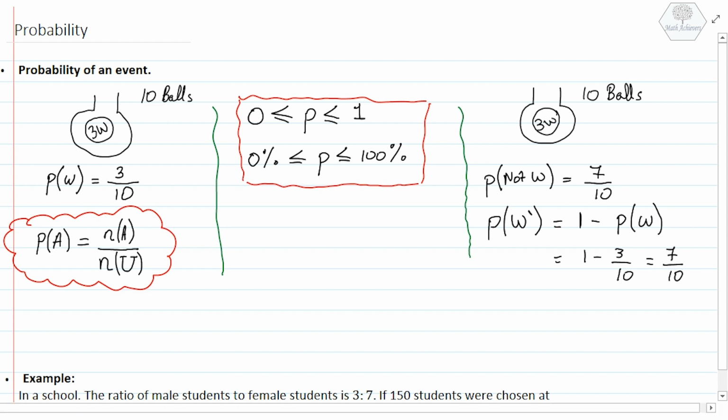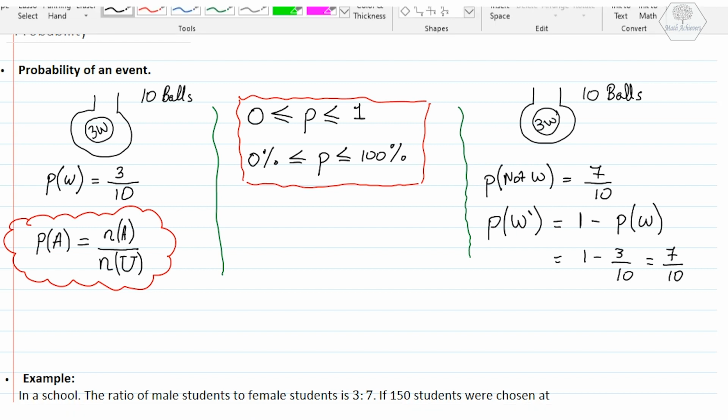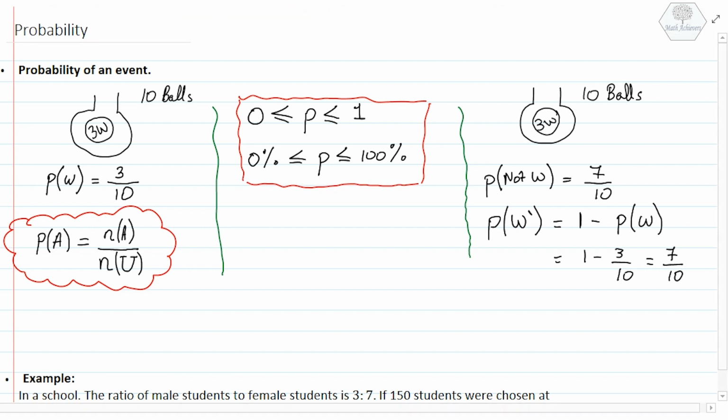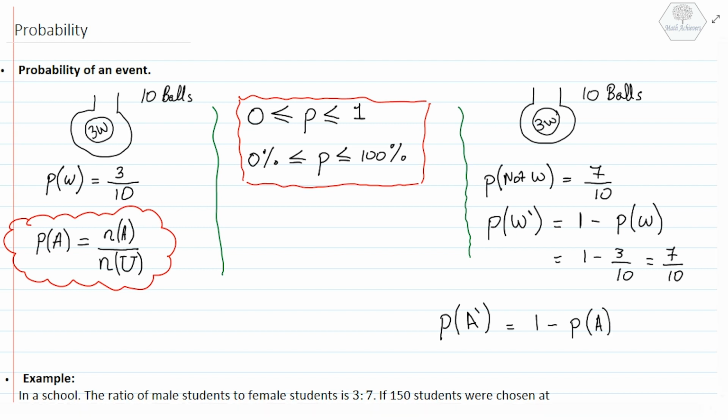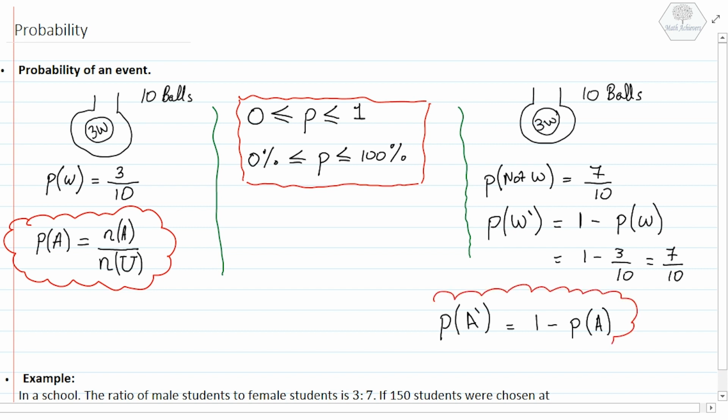So I can conclude another formula: the probability of A prime, the complementary event, is simply equal to 1 minus the probability of A. So we learned now how to find the probability of any event, that the probability boundaries are from 0 to 1, and about the complementary event.